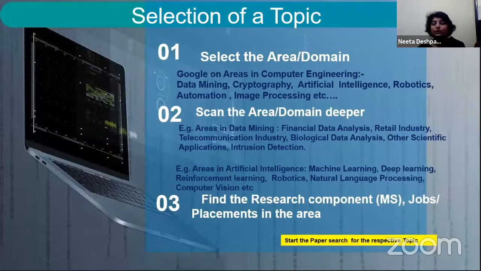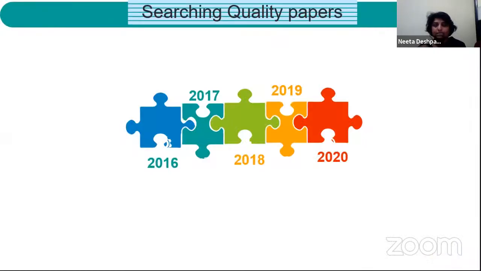Now, how are we going to search the paper for the topic? First thing, when we are starting searching, Google is a very wide world. So you give a random search and you get thousands of pages coming in. So your search should be restricted, and you search for papers of the last 5 years.